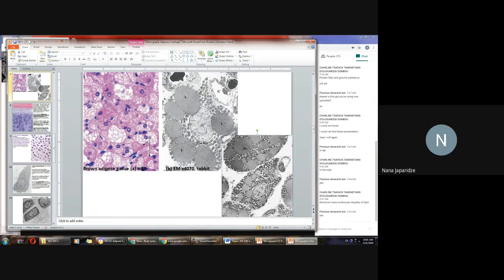So why do the brown adipocytes have so many mitochondria? White adipocytes also have quite a big amount of mitochondria, but if you compare the brown adipocytes with the white adipocytes, brown adipocytes have much more. Why? Because brown adipocytes are involved in thermogenesis, and thermogenesis takes place in the mitochondria.